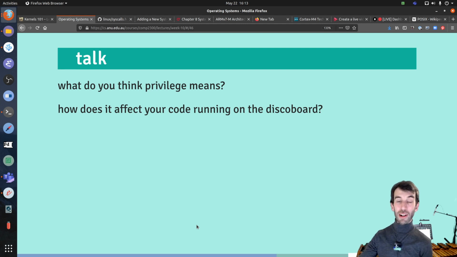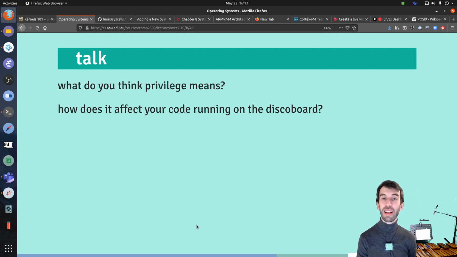Another program is now running, and the operating system wants to stop that program from writing over some memory that it shouldn't be writing over. So we need to have some concept of abilities for different processes to access certain bits of hardware, and the abilities for the operating system to set those access controls.